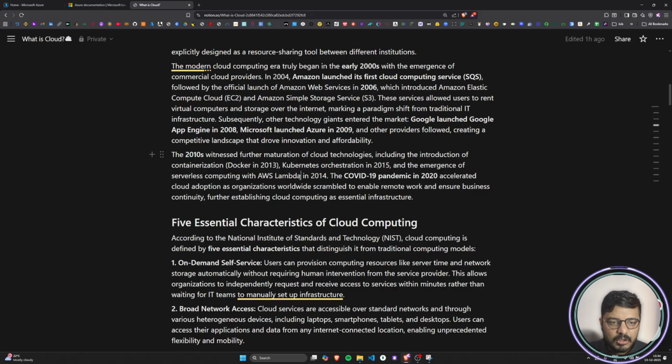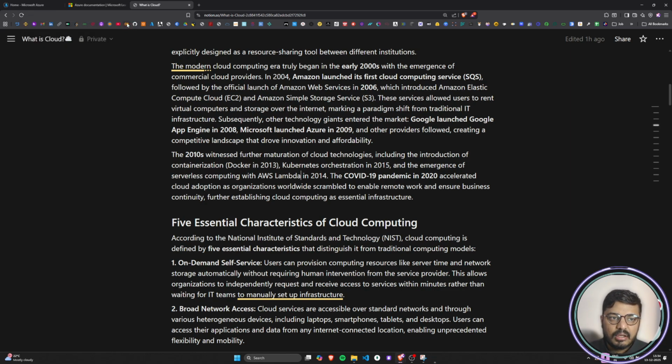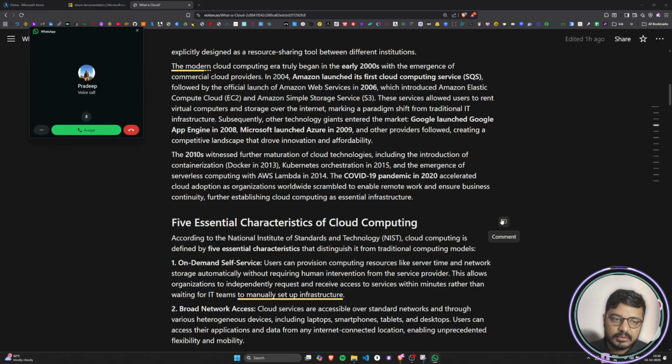I won't be discussing containerization in much detail in this video, but Docker is the tool using which we can containerize our application, which came into the picture in 2013. Then comes Kubernetes, right?